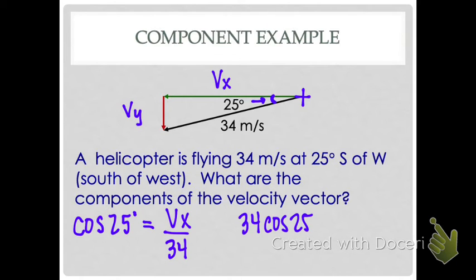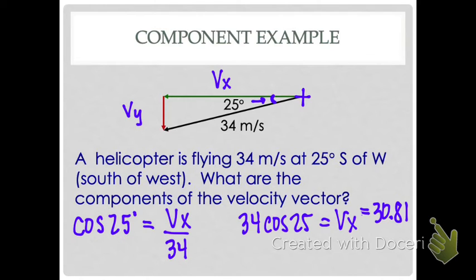Okay, good, that's how we're going to do that. So Vx equals hypotenuse times cosine of my angle. Let's plug that in. 34 cosine 25 gives me 30.81.